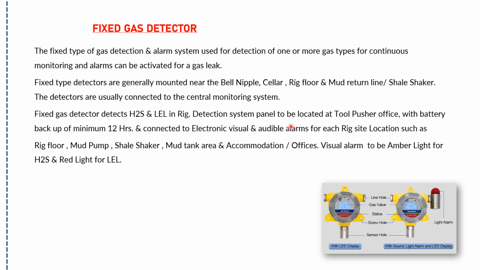The detection system panel is to be located at the tool pusher office with a battery backup of minimum 12 hours. It means the electrical power is given by the generator to this equipment, but in the absence of that power supply, it should be backed up by the battery for at least 12 hours, and connected to electronic visual and audible alarms for each rig site location, such as the rig floor.